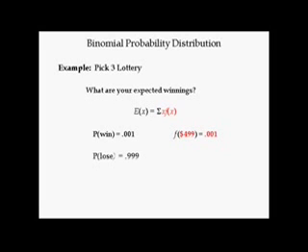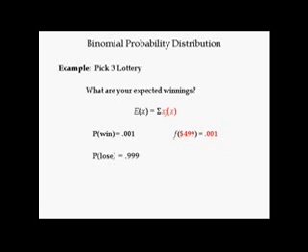To compute your expected winnings, you add the product of how much you lost and its probability to how much you win and its probability. The probability of winning is 0.001, which can be denoted by F of $499 equal to 0.001.